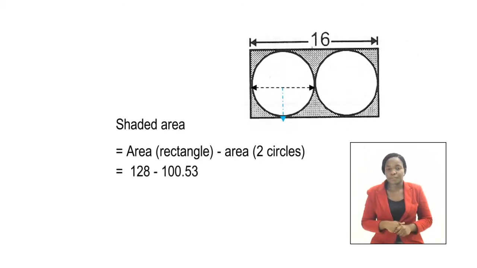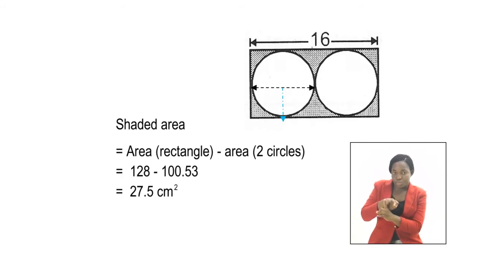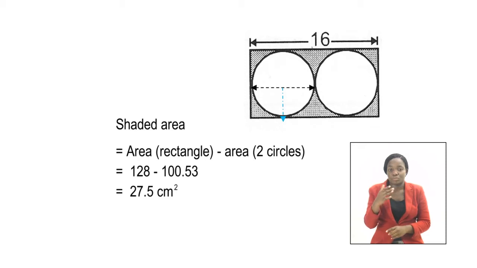The shaded area is the rectangle area 128 minus the areas of the 2 circles of 100.53. I get 27.47 centimeters squared. Now we round off to 27.5 centimeters squared as the final answer.